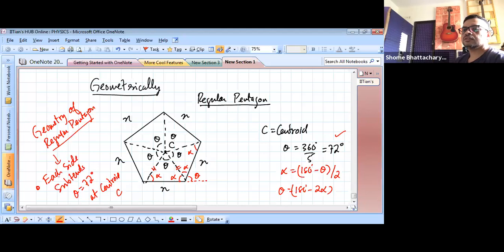That's the first thing. And the second thing is therefore each exterior angle, each of the sides makes an exterior angle with the other, which is also equal to the same, theta equal to 72.